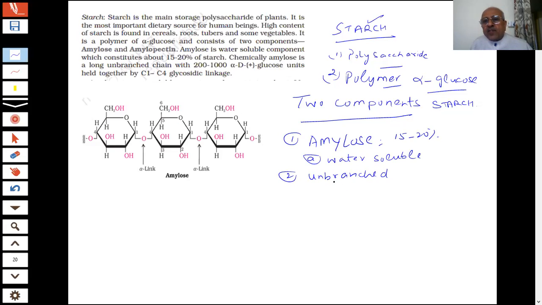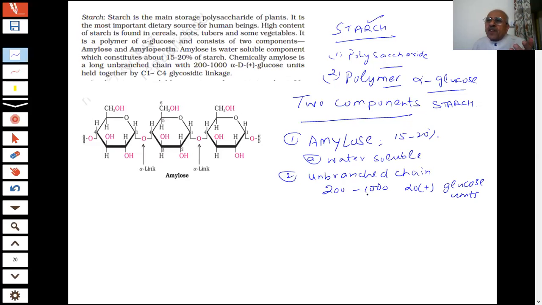It is not branched, an unbranched chain, with 200 to 1000 alpha D plus glucose units. See how many glucose units there are, more than 200. If you are eating starch, how much glucose are you getting? Too much. Inside the body, they will give more than 200 to 1000 glucose molecules.